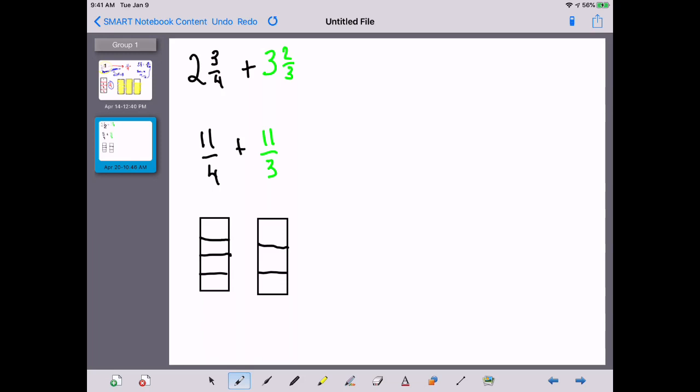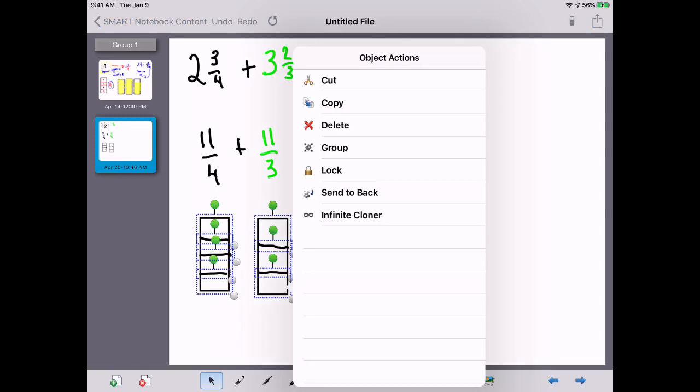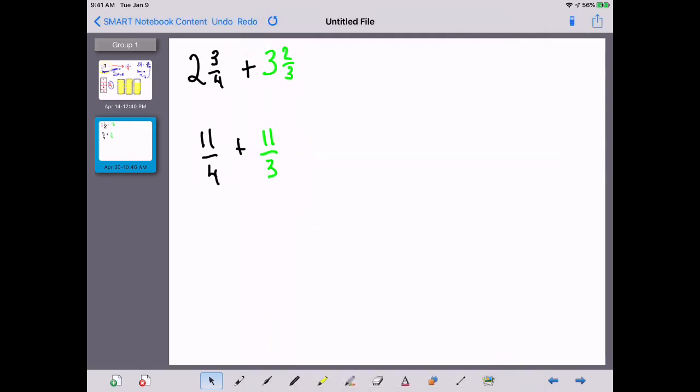What I need to do is I need to find a common denominator for these. So I'm just going to get this out of my way. So in order to find a common denominator, usually the easiest thing to do is you multiply each fraction by the other denominator. So for instance, I would take 11/4 and I would take the 11 and multiply it by 3.